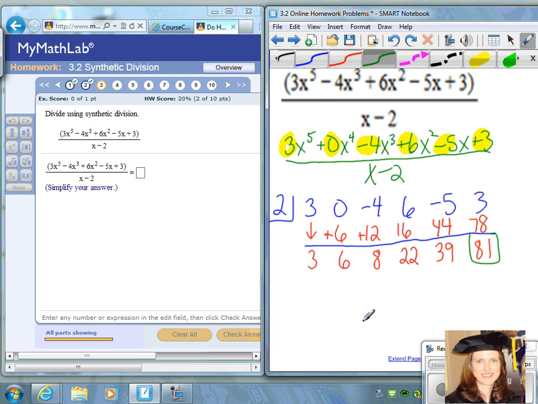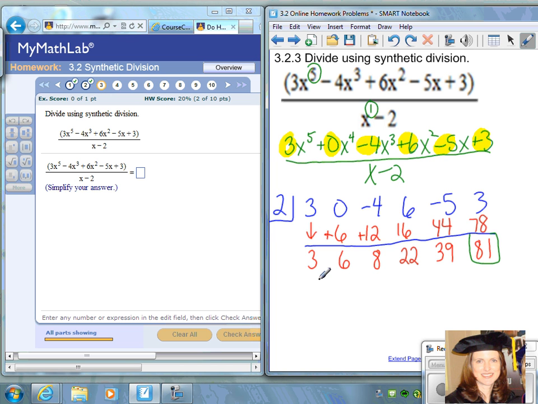Okay, to write our answer, we started off with a problem that was an x to the 5th power, and we're dividing by an x to the 1st power. So our answer is going to start off with an x to the 4th power, using 3 as the coefficient. Then we're going to decrease the powers of x. So we get 3x to the 4th plus 6x to the 3rd plus 8x squared plus 22x plus 39.